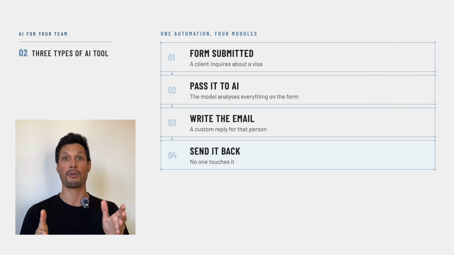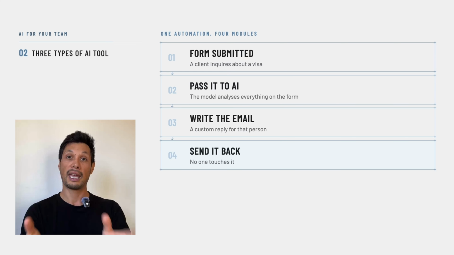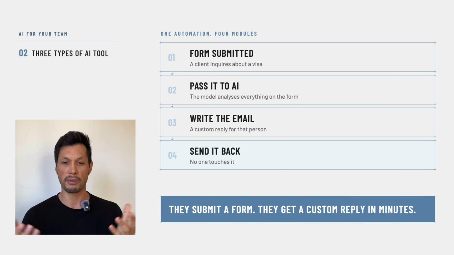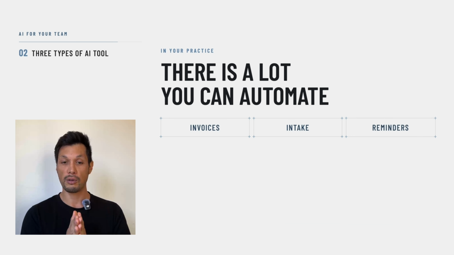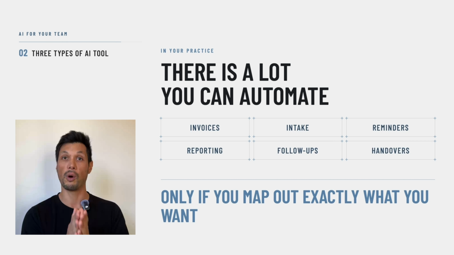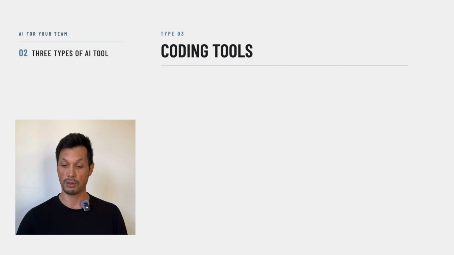So the experience for the person is I submit the form and I get a custom email back in a matter of minutes. You can start automating all sort of things. With this tool, there are several things that you can actually automate in your practice if you map out exactly what you want from them. Very useful type of AI tools, automation tools.